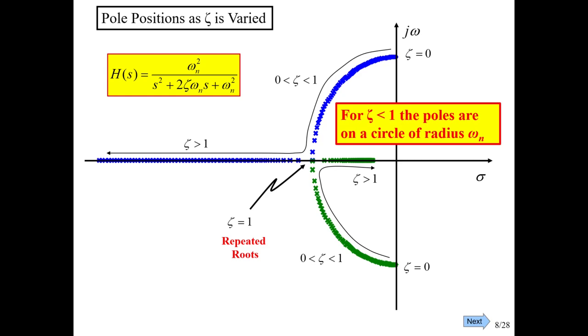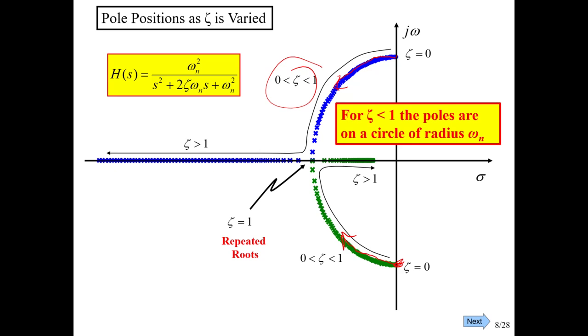But we show it on the plot here just to show where we start. And then as zeta increases, this one moves in this direction, and that one moves in this direction. So we're following the path of the poles as zeta moves from 0 to 1.